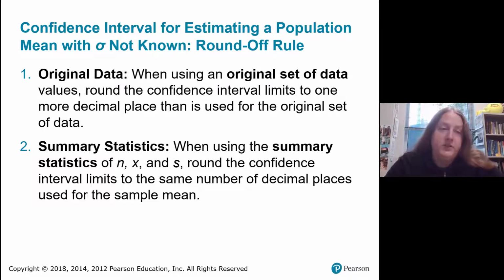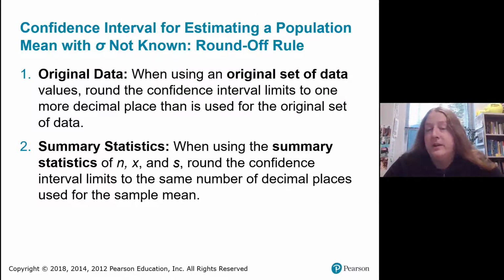So first things first, our round off rule. When we get to the point where we have an answer, if we're using original data sets to find our values, we're going to round to one more decimal place than our original data, just like our round off rule was when we were finding the sample mean to begin with.